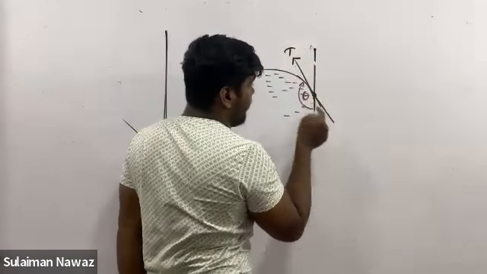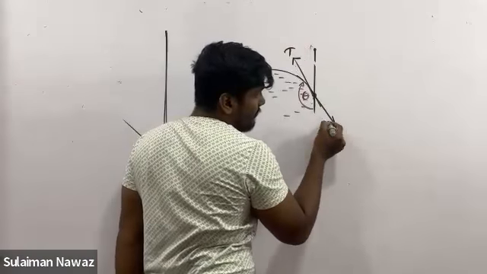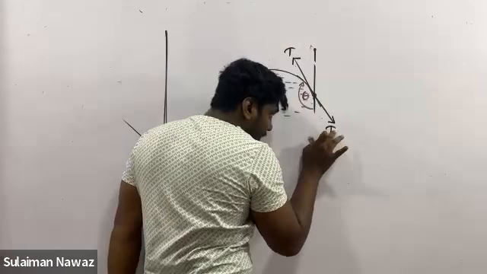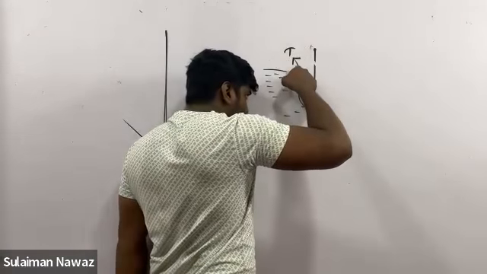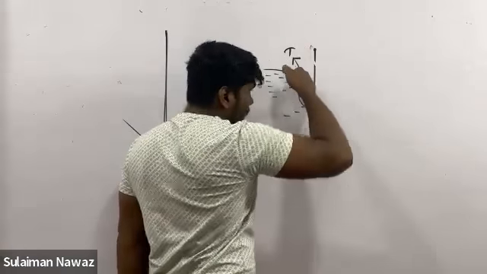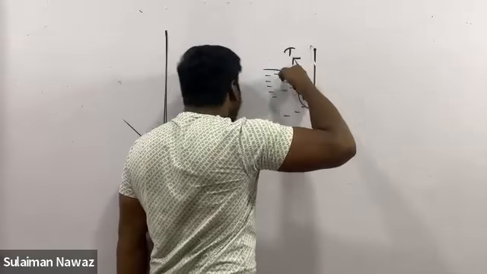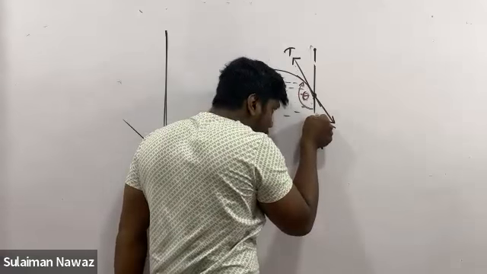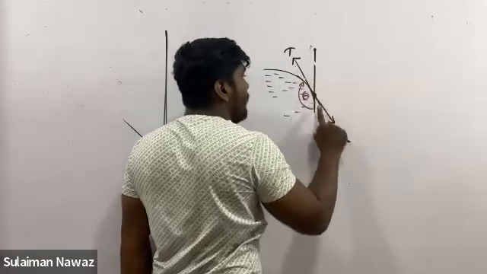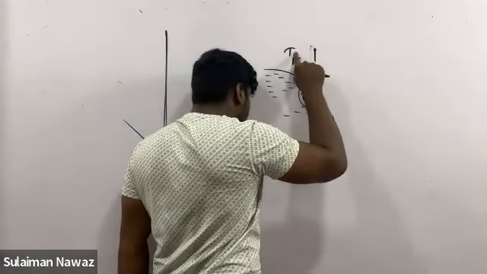Because the surface tension acting on the liquid will be in this direction. This capital T is the surface tension acting on the liquid, because it seems like someone is pushing, stretching this liquid in this direction. So the direction of surface tension acting on the solid will be opposite. This is the surface tension acting on the solid.